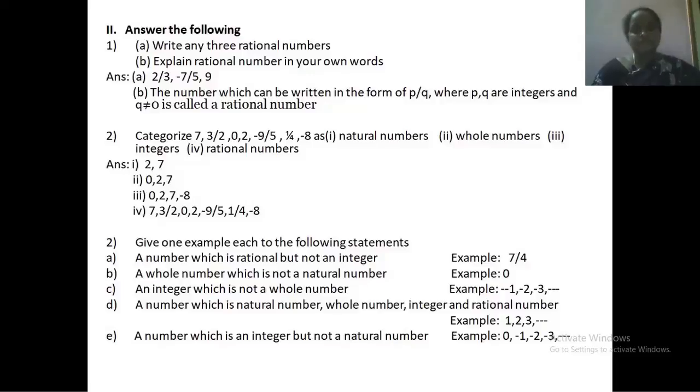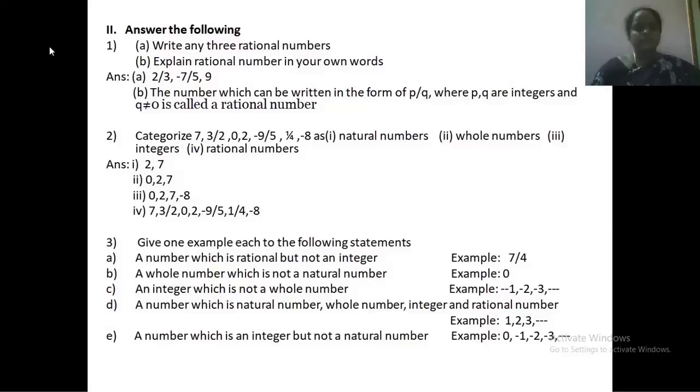Natural numbers are 2 and 7. నెక్స్ట్ హోల్ నంబర్స్ 0, 2, 7. ఇంటీజర్స్ ఆర్ 0, 2, 7, minus 8. నెక్స్ట్ లాస్ట్ వన్, ఫోర్త్ వన్, రేషనల్ నంబర్స్. Here all natural numbers, whole numbers, integers, all will come under rational numbers. So all the given numbers will be rational numbers here.